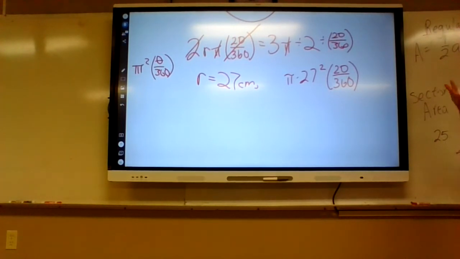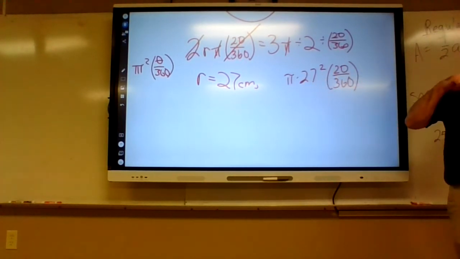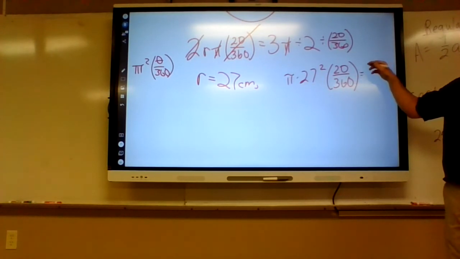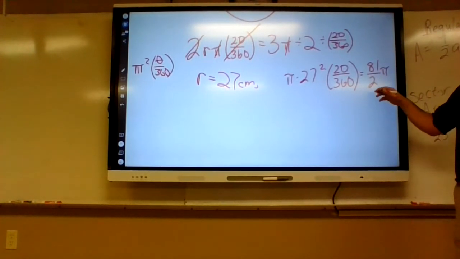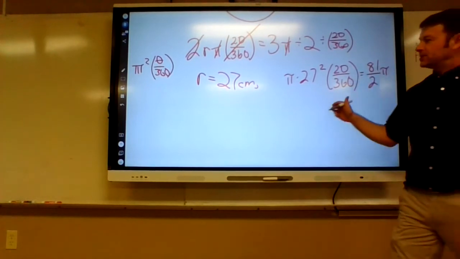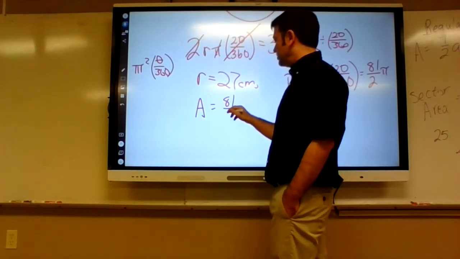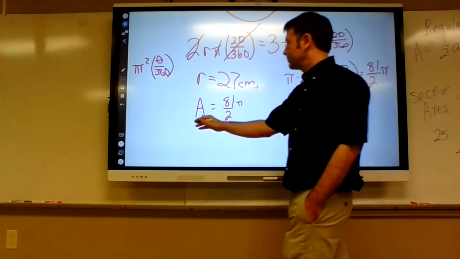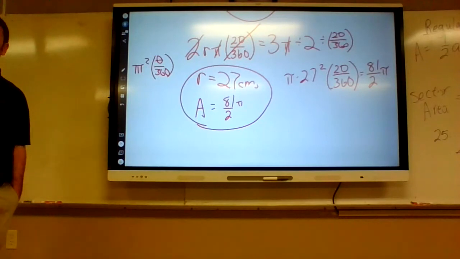Again, remember we didn't usually plug the pi in, although you can, but let's get the answer that doesn't plug the pi in the calculator. 81 over 2 pi. Good job. Anyway, that's the area, so I'll just put it over here. Area equals this, the same thing as 40.5 times pi. If you plug the pi in, I think it came out to like 217 point something.